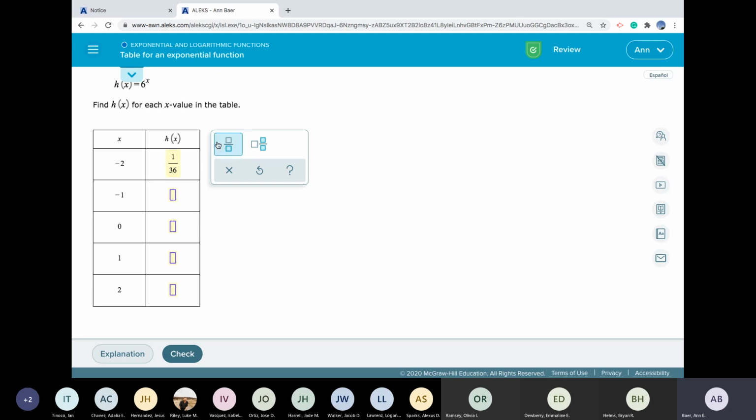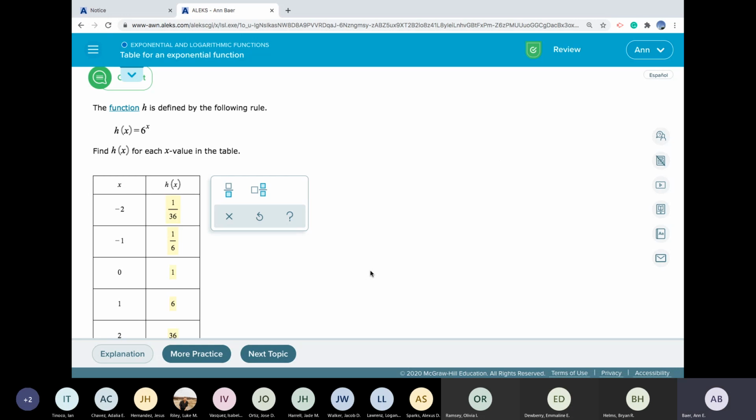I can use the slash on my keyboard to do this: 1, 6. The next one, we got a 1. The next one, we got a 6. The next one, we got a 36. Check. Any questions on the table for an exponential function?